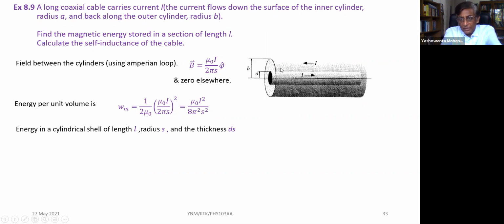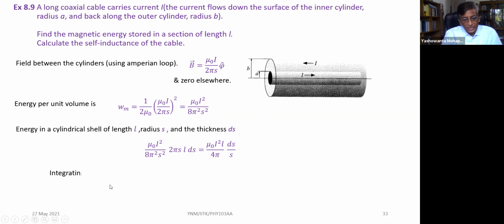I want to calculate the total energy inside, so I'll have to integrate. The volume is 2 pi s L ds for a small section, and hence in terms of ds by s, I now integrate s from A to B to obtain the total energy stored.